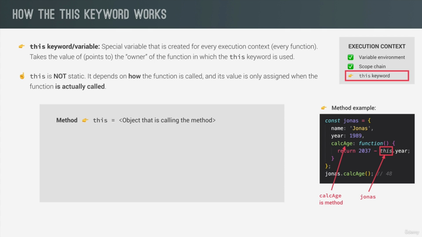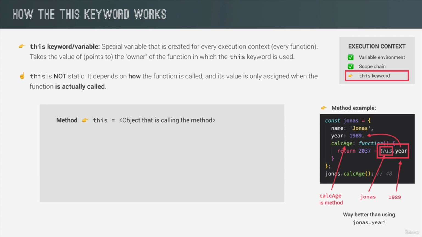And so then, on Jonas, we can of course access all the properties that it has, and so this.year will become 1989, because that's Jonas.year as well. So in this case, writing Jonas.year would have the exact same effect as this.year, but doing it this way is a way better solution, for many reasons that we will get into throughout the course. And we will play around with this example a bit more in the next video.